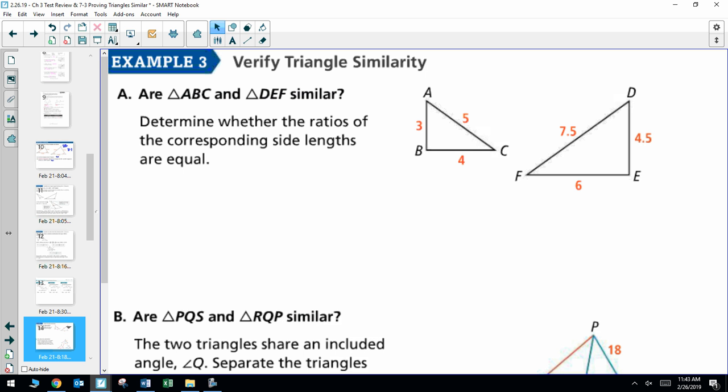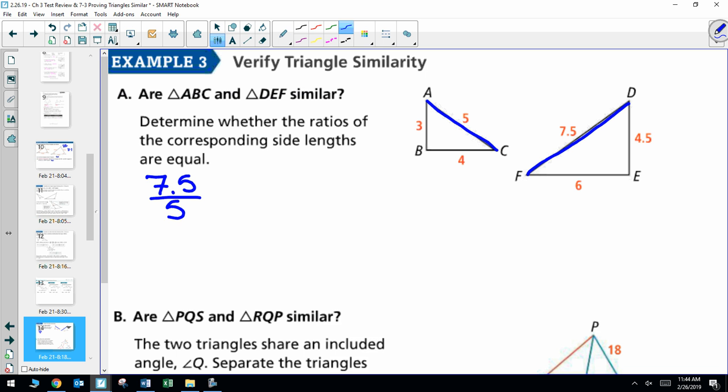So I have to match the sides accordingly. This side AC corresponds to this side FD. So that would be a ratio of this.